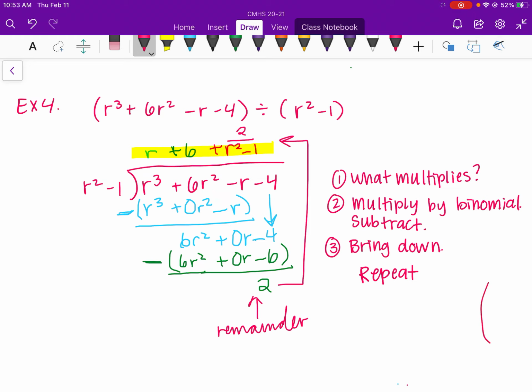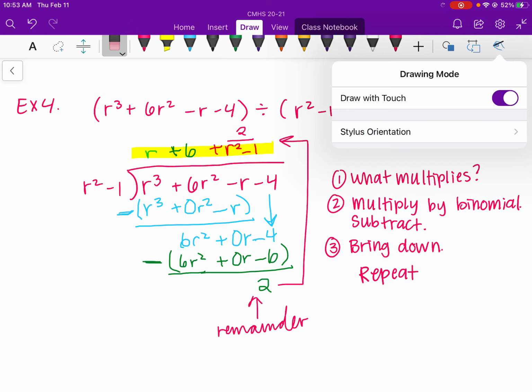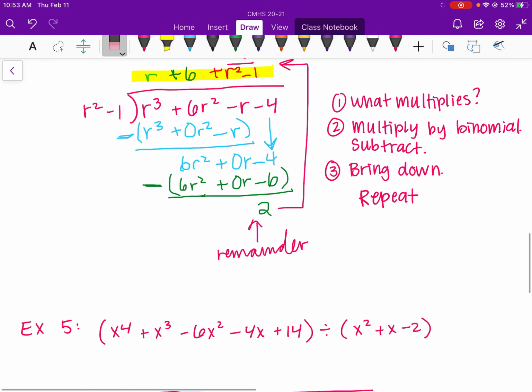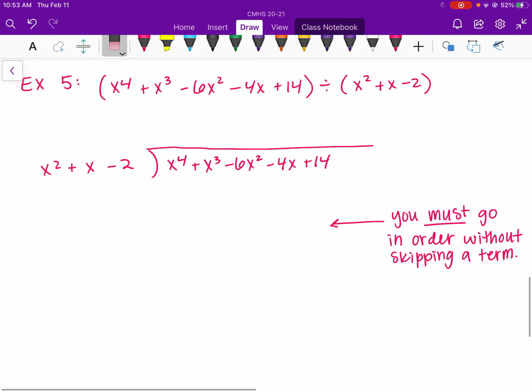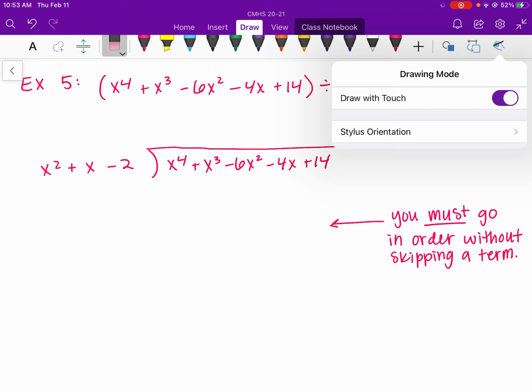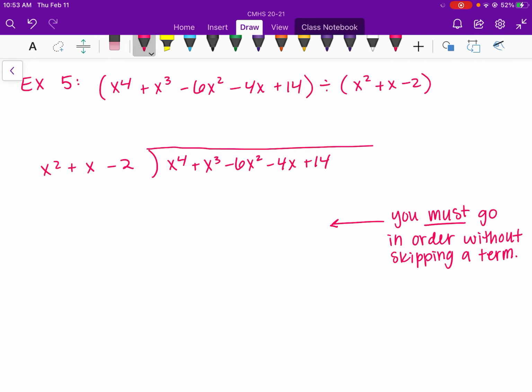We have one more. Oh my goodness. This one's kind of long, so stay with me. The problem is x to the fourth plus x to the third minus 6x squared minus 4x plus 14 divided by x squared plus x minus 2.